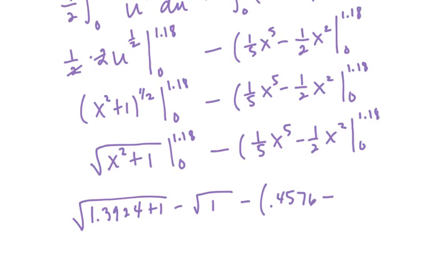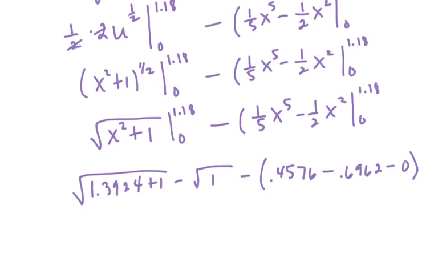Normally I tell you go with 2 or 3 decimal places, but when you have something like this, 4 is a good plan. Minus 1/2 times 1.18 squared is 0.6962. Minus, when you plug in 0, you get 0 on both of those terms.